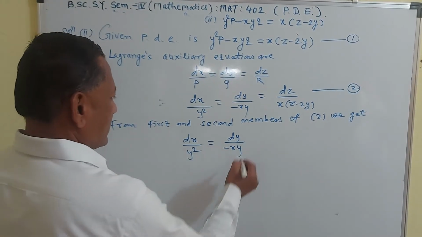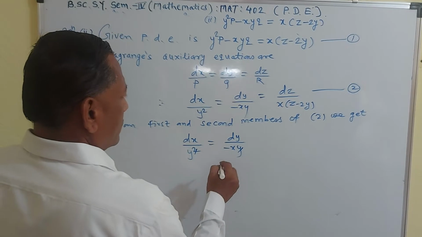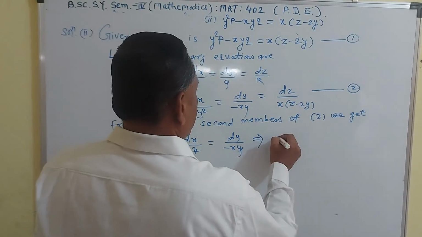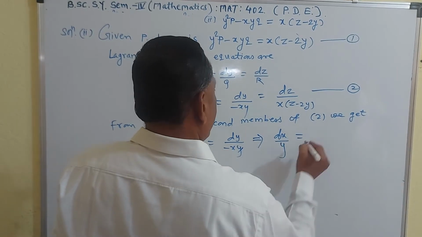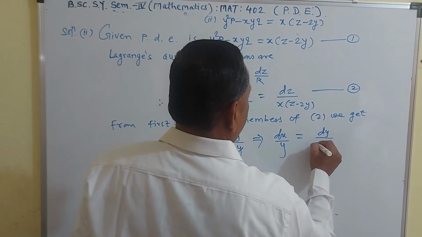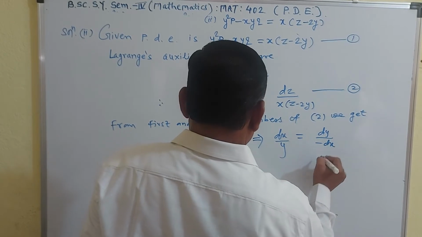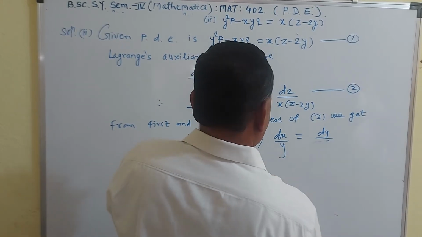Here one y cancels, so this can be written as dx/y = dy/(−x).